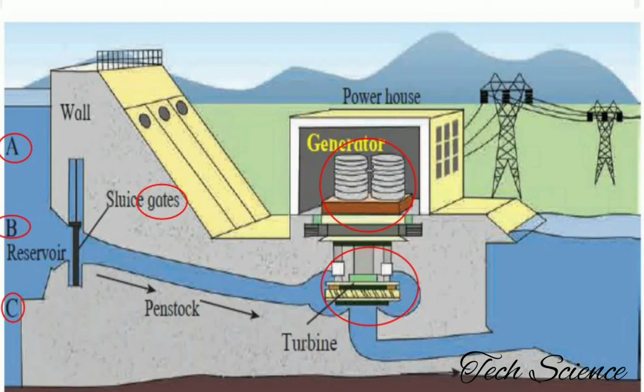Inside the generator, a magnet is rotating, and as per the principle of EMI, that is electromagnetic induction, the generator creates electricity. This electricity is fed to the powerhouse, and then it is used by us in our day-to-day life.